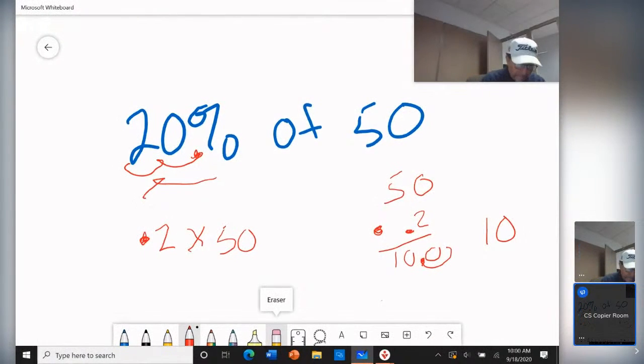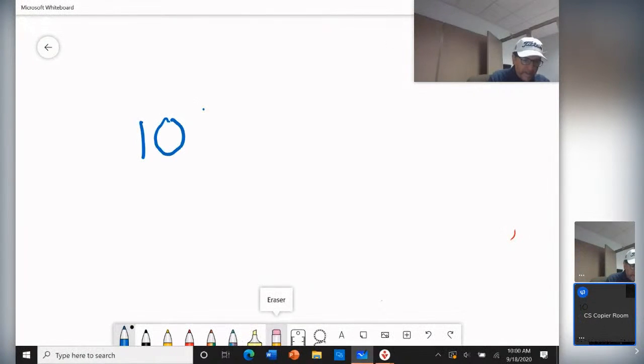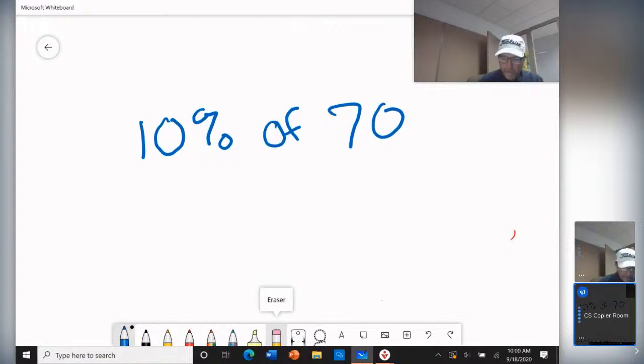Okay. Let's do another one here. The next one is 10% of 70. So the first thing you're going to do, I'm going to move this decimal 2 points.